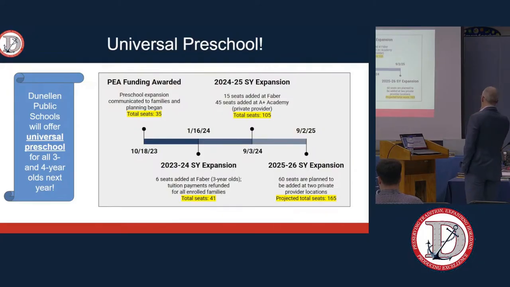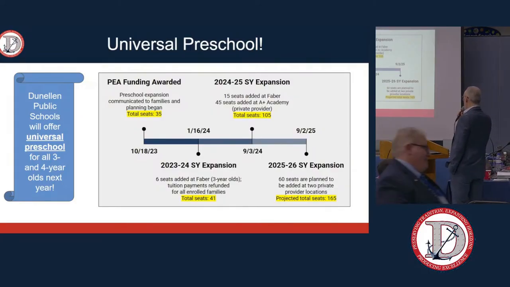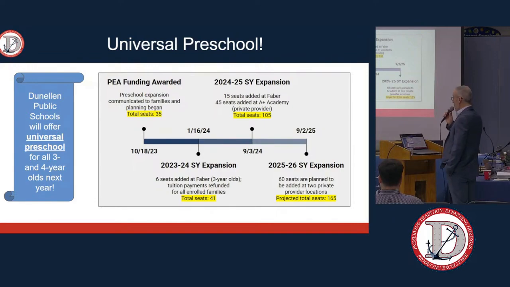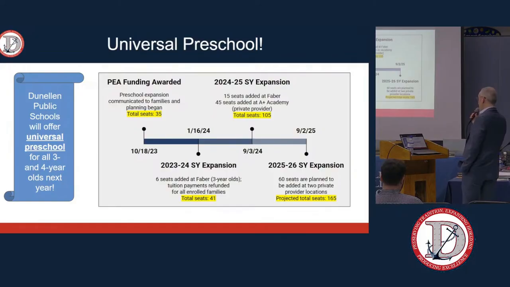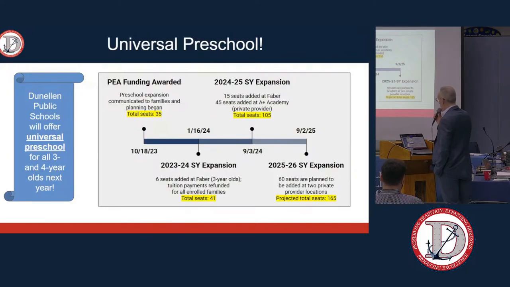If you look at the timeline from October 18th, 2023, which is when we first communicated preschool expansion, to September 2nd, which is the first school day of next year, we will have added 130 seats, which means that every 3-year-old and every 4-year-old in Denellen will be able to go to school for free in a high-quality preschool learning environment. So this is the foundation of students that are coming into the district, right, have this as their experience, right?